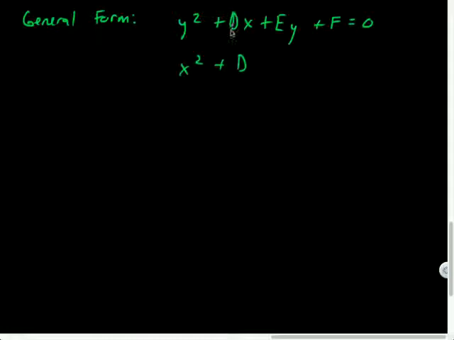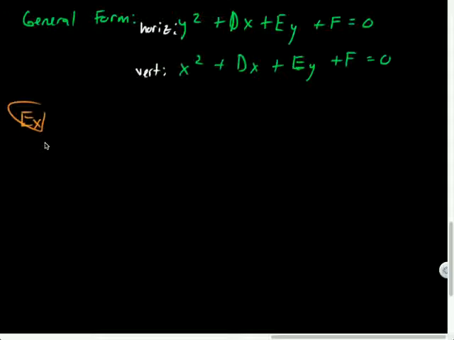That's a d, not a 0 there, by the way. It's a sad looking d. So this is general form for parabola, right? The top one would be our horizontal, and the bottom would be our vertical, based on which term is squared, right?